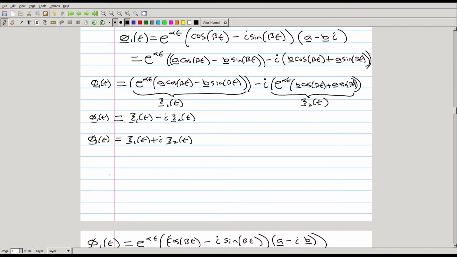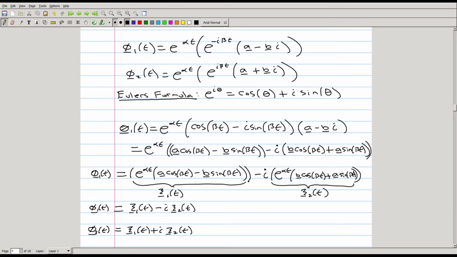So each of these individual solutions have to be linearly independent from one another, but we also have, based on what we've got here for xi1 and xi2, if you take a look at the Wronskian between these two solutions, these are actually linearly independent from one another as well, and they're both real valued solutions, which is very neat.